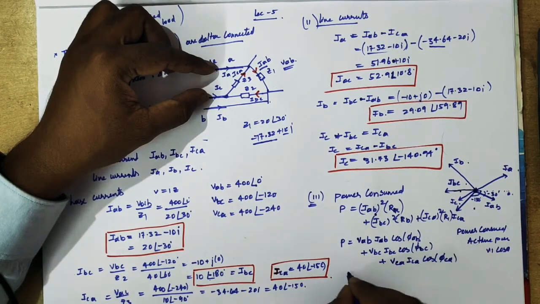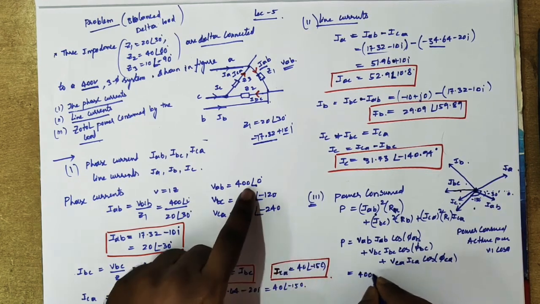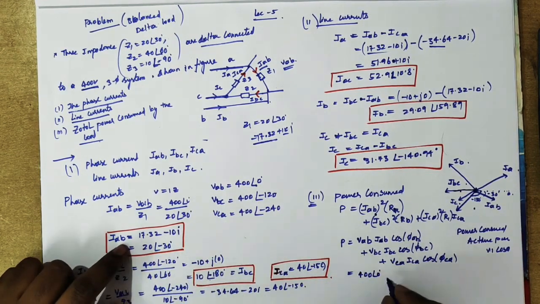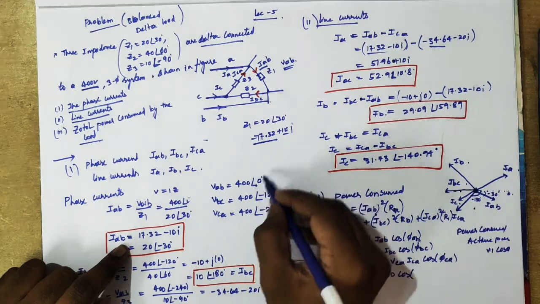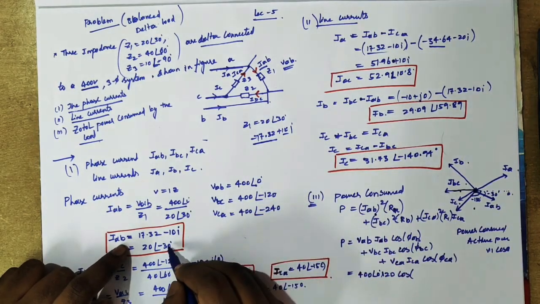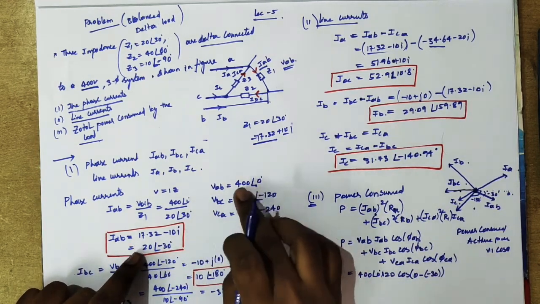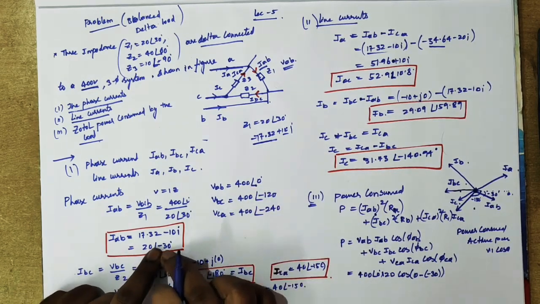Okay, so VAB is what? We have the value of 400 at an angle of 0. IAB is 20. So cos of 0 minus minus 30, the phase difference between VAB and IAB. So hope you understand: 0 minus of minus 30.